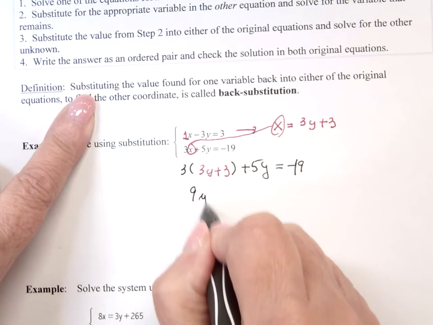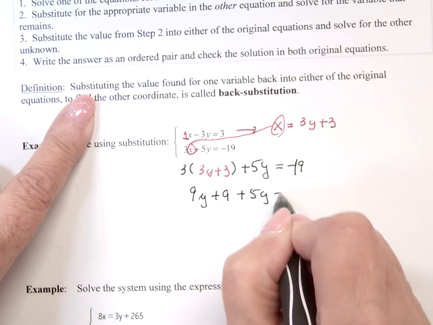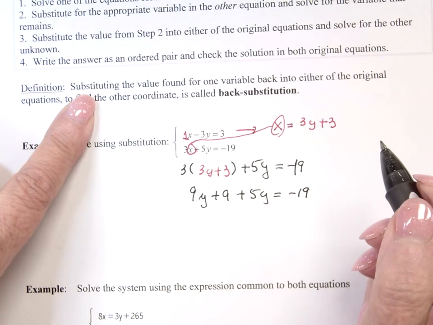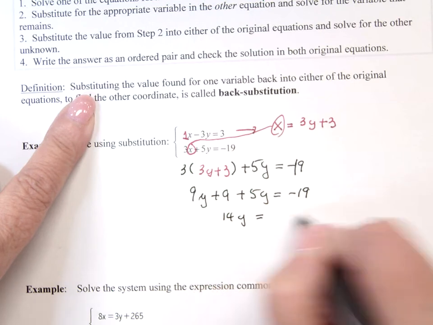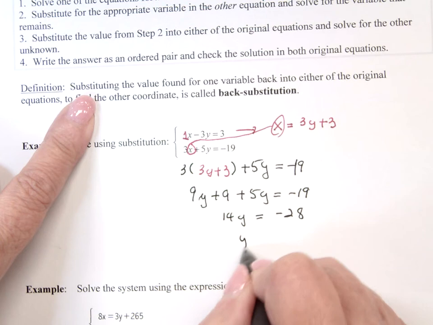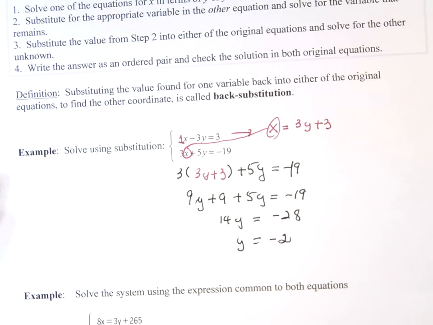So this says that 9y plus 9 plus 5y equals -19. 14y equals -28. Isn't that cute? Or y is -2. I have the y value.